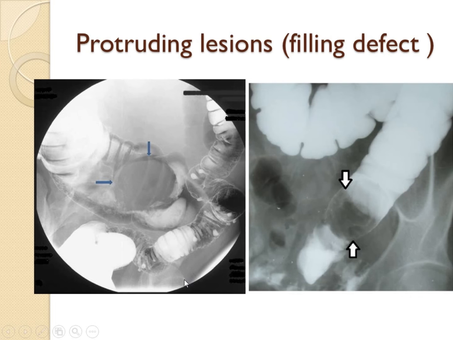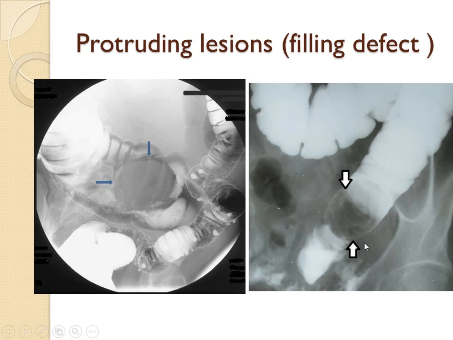Protruding lesions, those lesions that are entering into the colon lumen, lead to either filling defects or an edge-on white appearance. If it's found in the dependent parts, it will lead to filling defects, and in the other parts it will lead to edge-on white appearances.